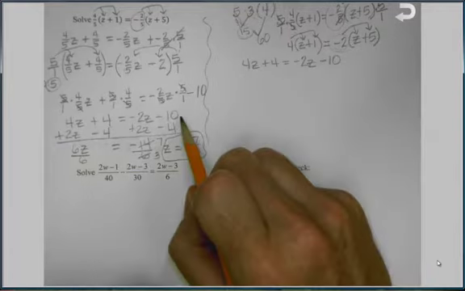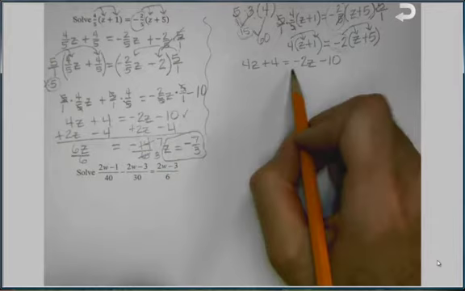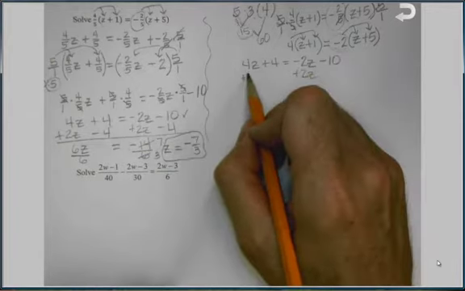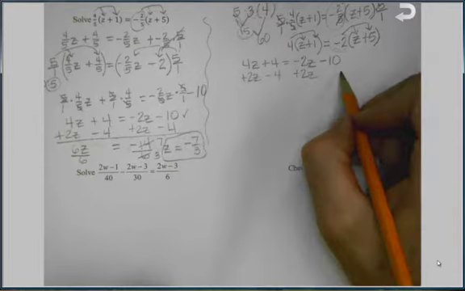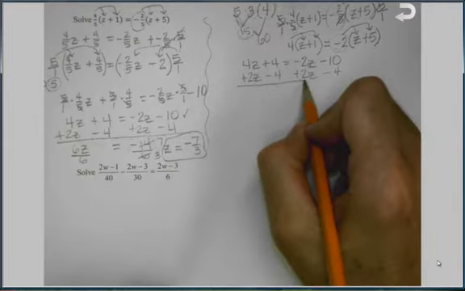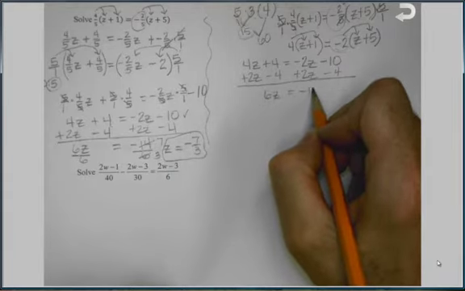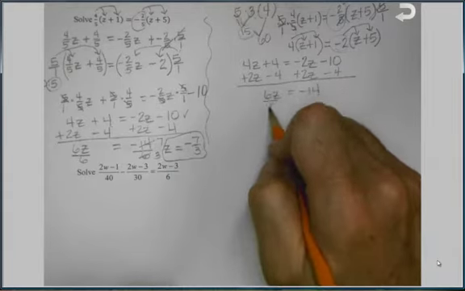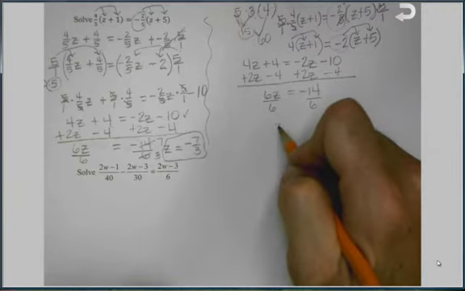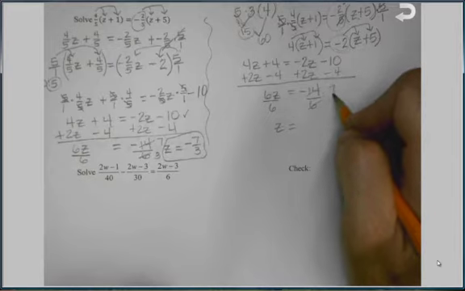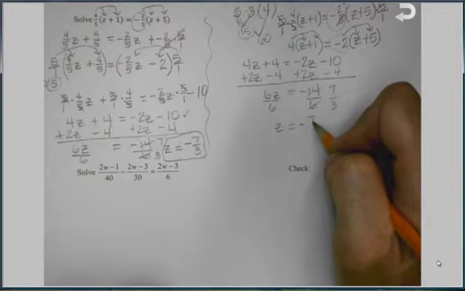Then I am exactly at this level, so now I'll add 2z, subtract 4. If I do that all together, I have 6z equals negative 14. Divide both sides by 6, and z equals, if I reduce again by 2 for each of them, negative 7/3.